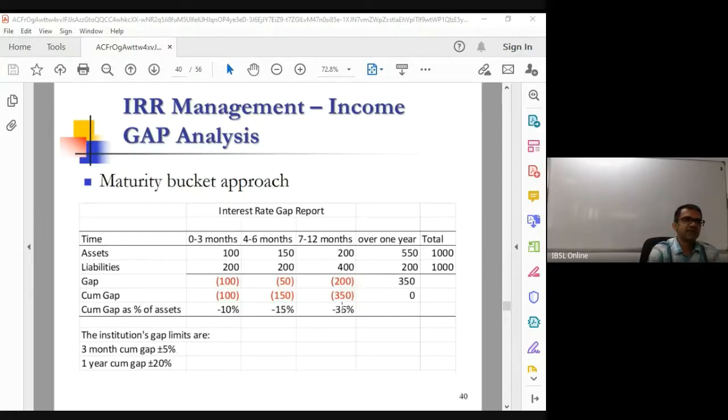In the 1 year cumulative gap, it is minus 35%, whereas the limit is plus or minus 20%. What are the ways that you can do to correct this?